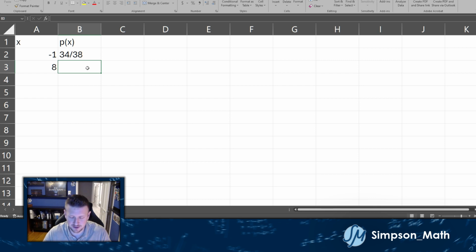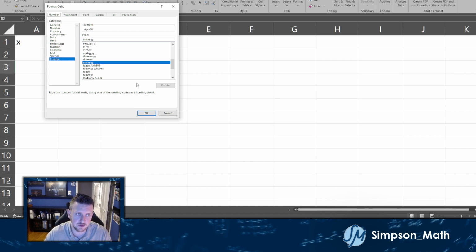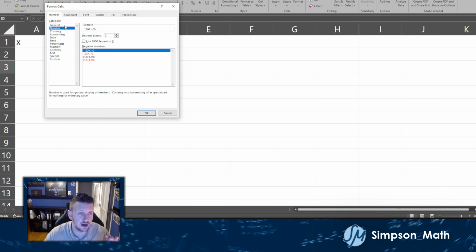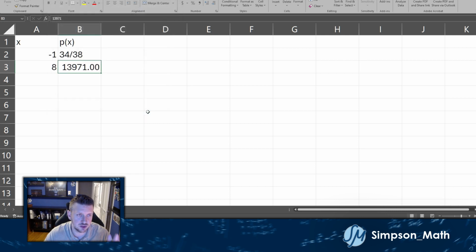I'm going to press undo. Let me redo that and change this. If you hit Control 1, it pulls up the format cells, or you can right-click and choose format cells. I'm going to change this to just a number and then change it back to 4 over 38.